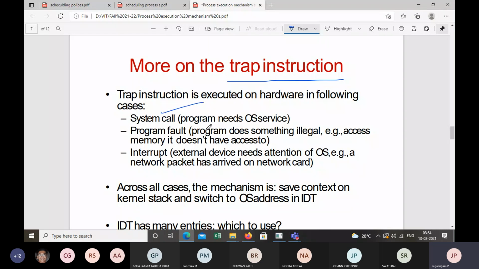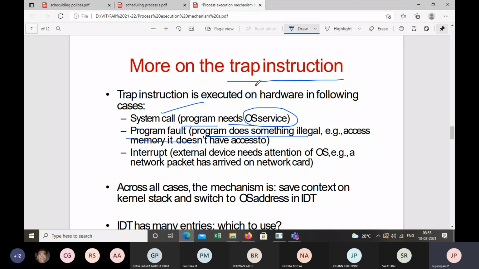When a system call occurs, that is when the user program needs an operating system service, then the trap instruction is executed. That is, the CPU changes from user mode to kernel mode, and it saves the old PC value in the kernel stack. And when a program fault occurs, that is when the program does something illegal, then the operating system comes into the picture to handle it.